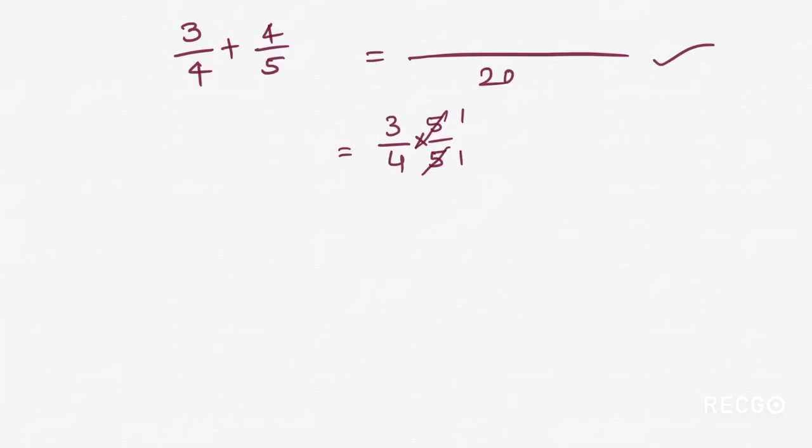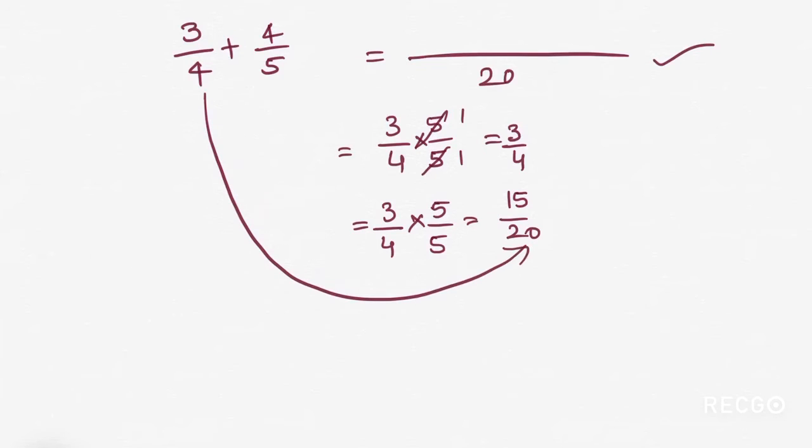Because this number gets cancelled, both are 1. Therefore, the number will remain itself. Just try to change the format. 3 by 4 into 5 by 5 is equal to 15 by 20.